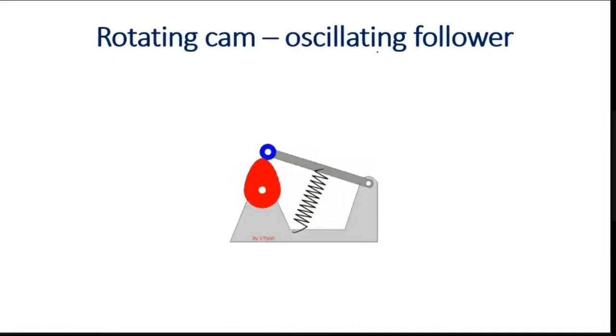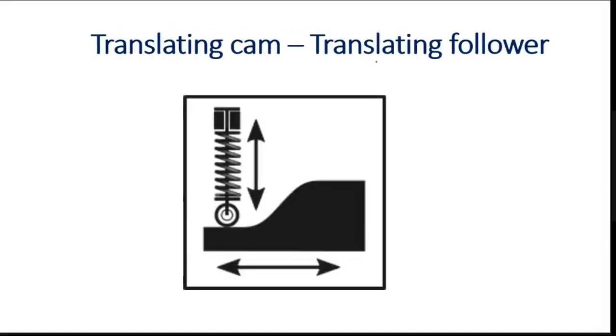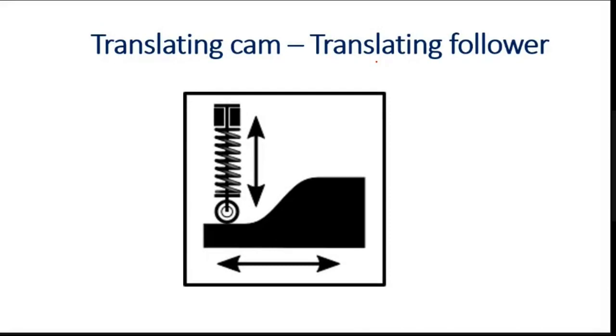The other one is oscillating. You can see that it is connected to some oscillating movement with a rod, so the follower is oscillating. This is rotating cam and oscillating follower, and this is translating cam and translating follower.